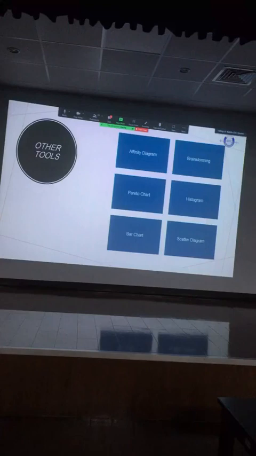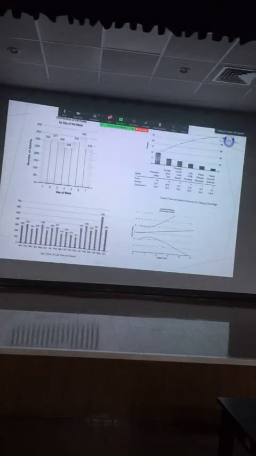Other tools: affinity diagram, where you can do a brainstorming session, a Pareto chart, histogram, bar chart, scatter diagram. Those are pictures of those tools. This is a bar chart, admission numbers on a day of week basis. This is a very good chart looking at the impact, which one has the highest impact on patient count.